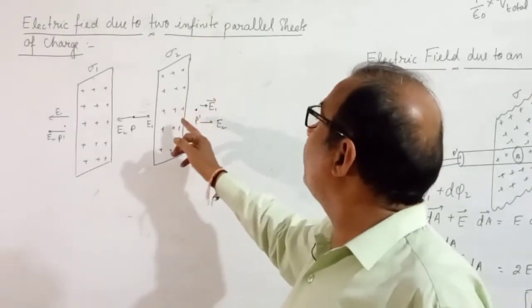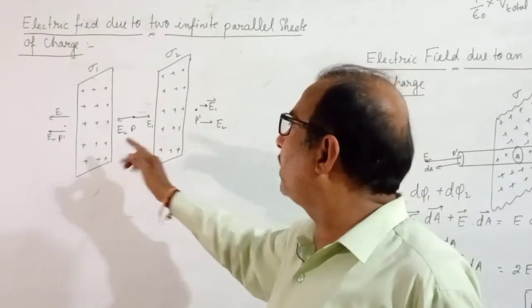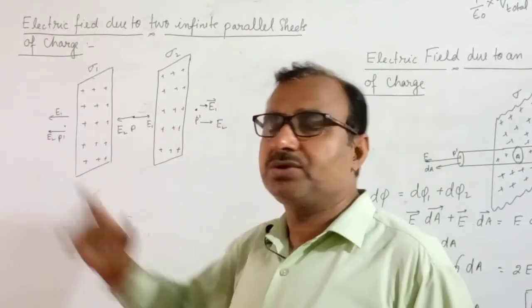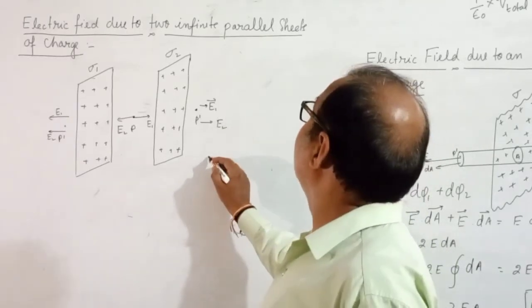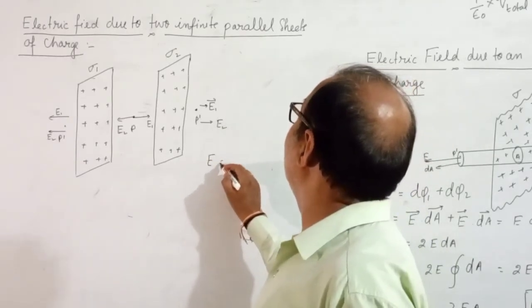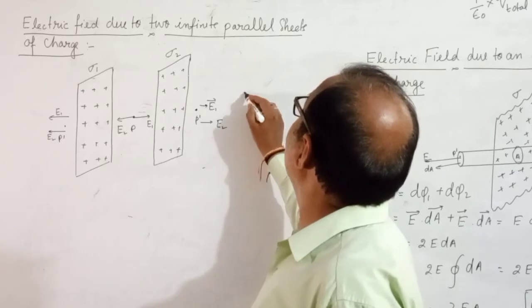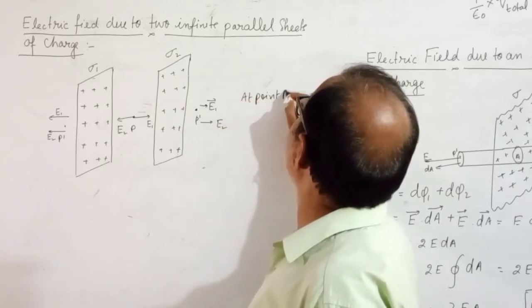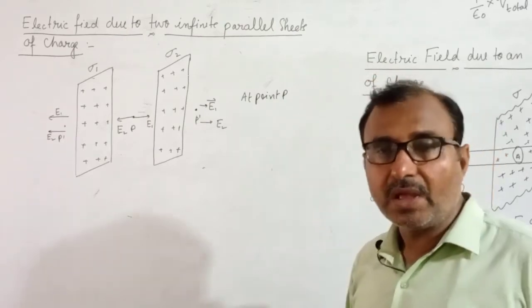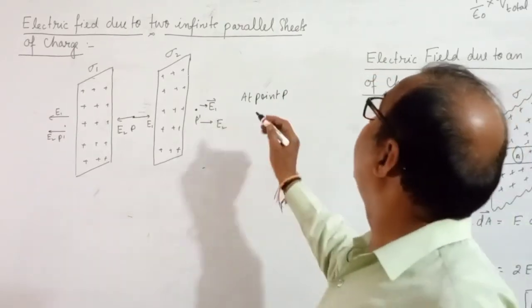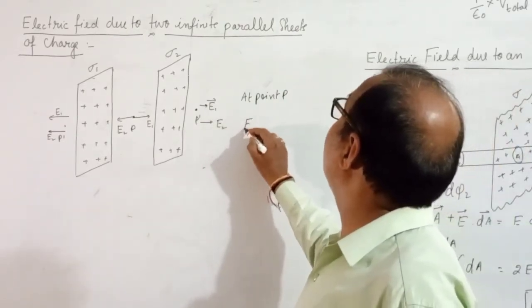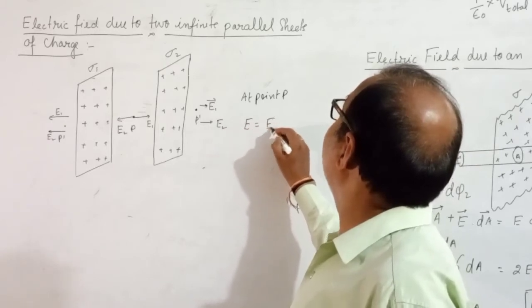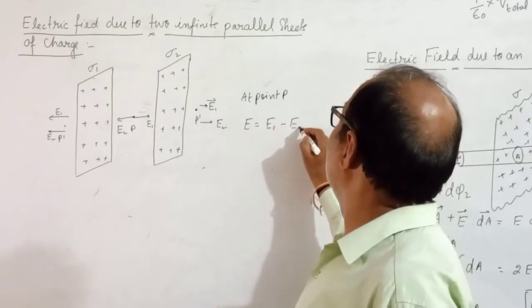Similarly, due to sigma 2, again intensity of electric field is away from the sheet. So at point P, intensity of electric field, if you see, E equal to E1 minus E2.